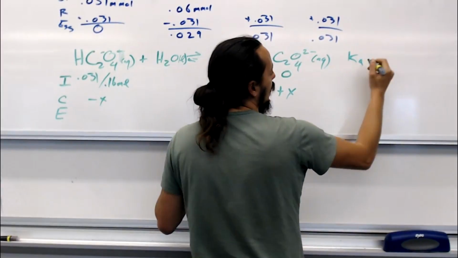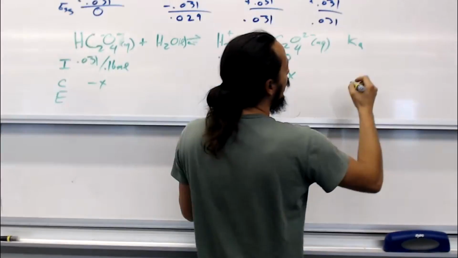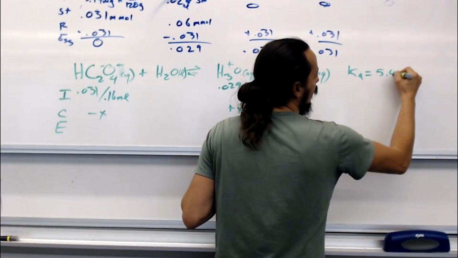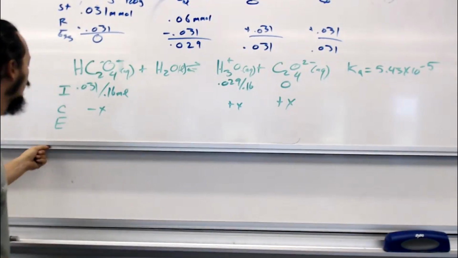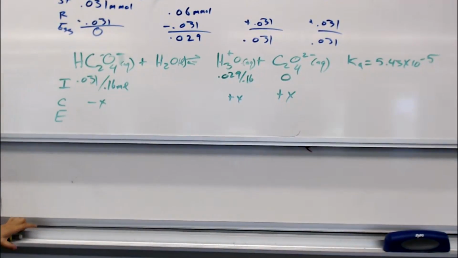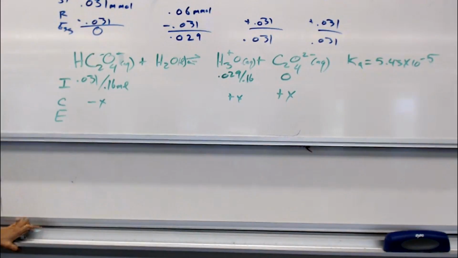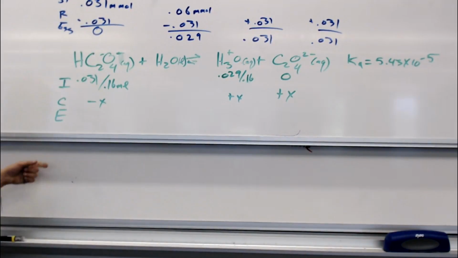Ka, I wrote down a moment ago, 5.43 times 10 to the minus 5. Should we use the x is small approximation? Yes, always. We always use the x is small approximation. It just might be a bad idea. We're still going to do it.